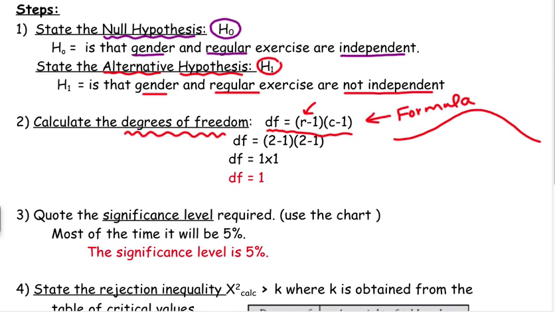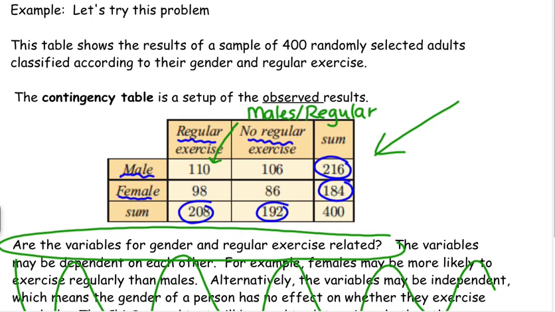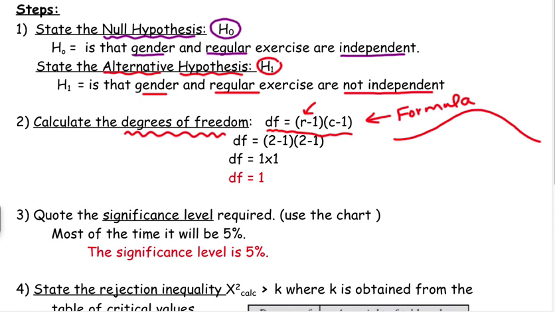So if we go back, how many rows do we have? This is a row, and this is a row, so we have 2 of them. And then we have column 1 and column 2. So 2 rows, 2 columns. Simplify it and you get a degree of freedom of 1.